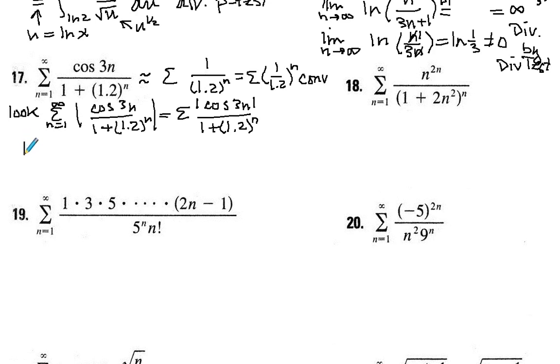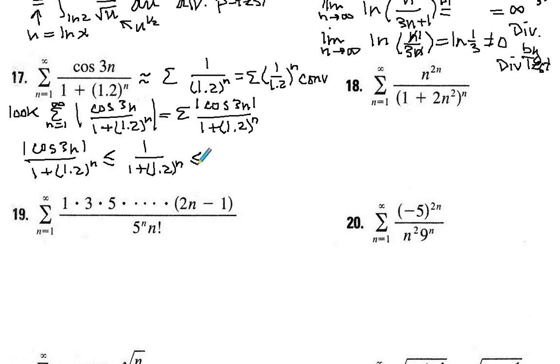So let's see, absolute cosine 3n over 1 plus 1.2 to the n here is going to be less than or equal to, we'll increase the top to a 1, because the biggest this can be is 1, and it's always greater than 0 because of the absolute values. We got 1 plus 1.2 to the n. And then we'd like it if we could just get rid of that 1. If we take the 1 away, that makes the denominator smaller, so the fraction gets bigger.